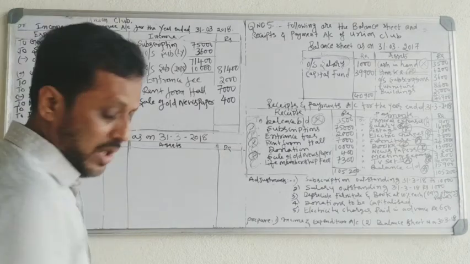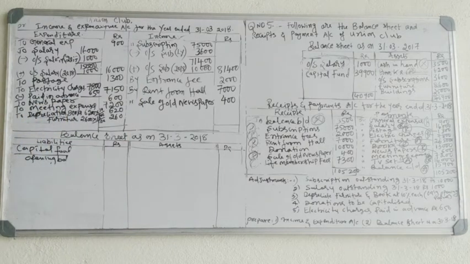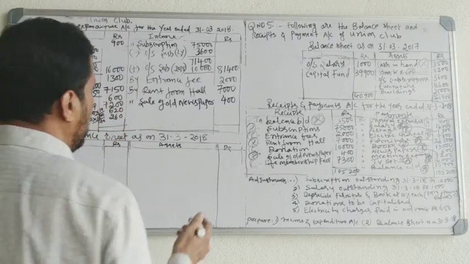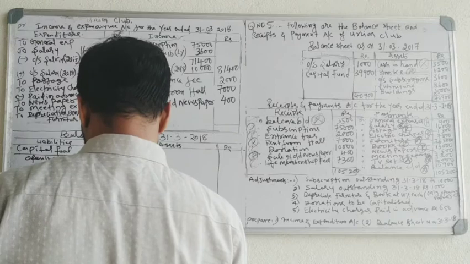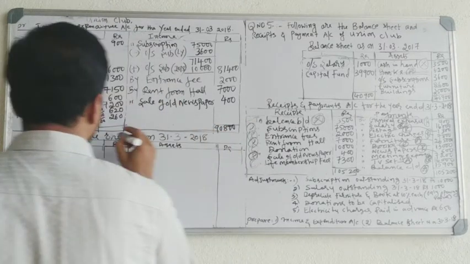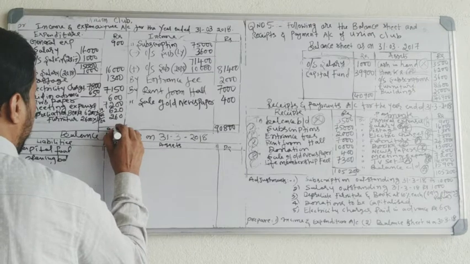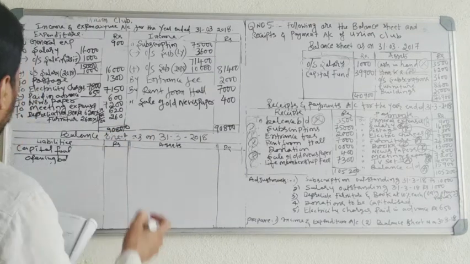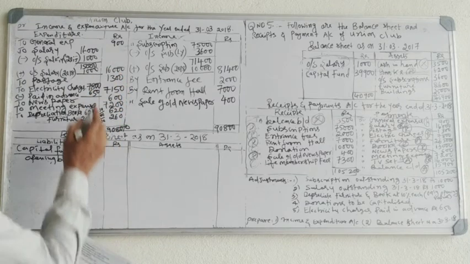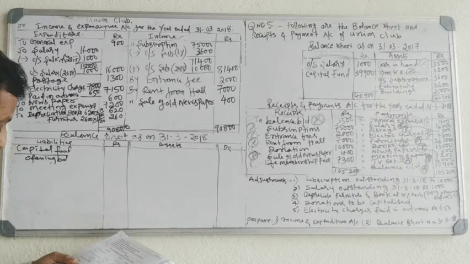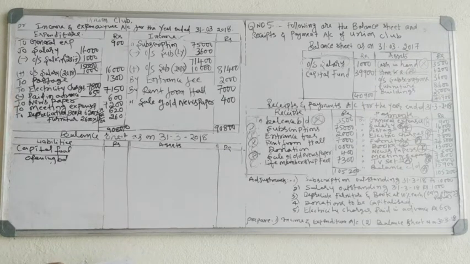Let's see the total. 81,400, 2,000, 7,000 and 400. Total is 90,800. From 90,800, you have to deduct all these expenses: 16,000, 1,300, 7,150, 600, 7,200, 620 and 260.